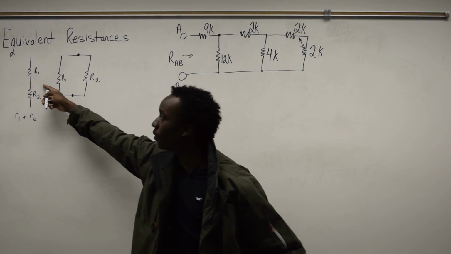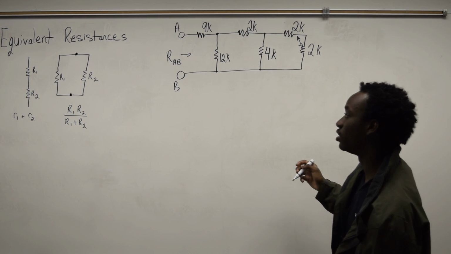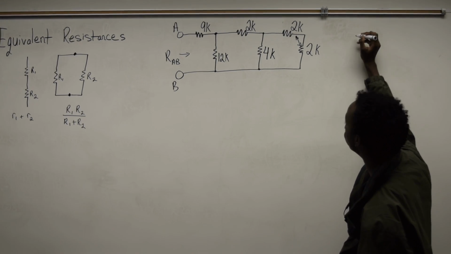As you see from this diagram right here, when two resistors are in series, you add them. So I'm going to redraw these circuits.